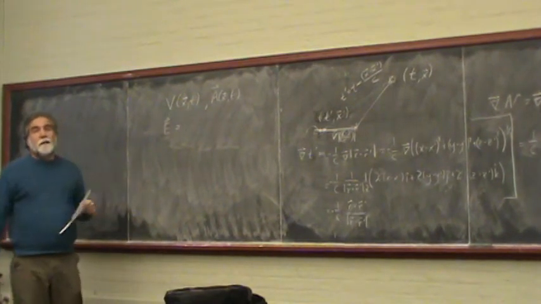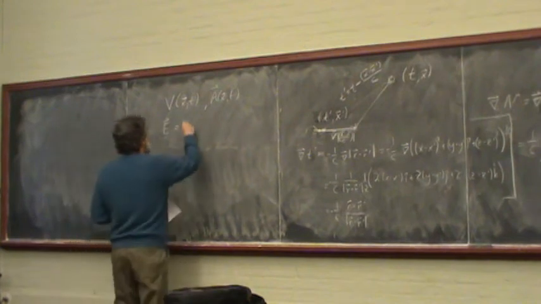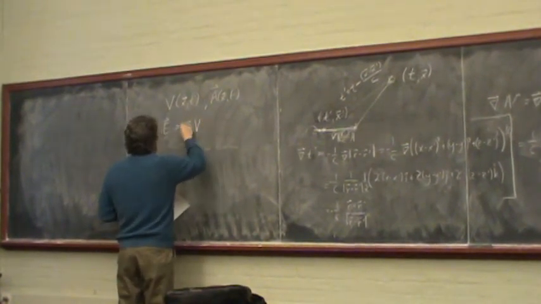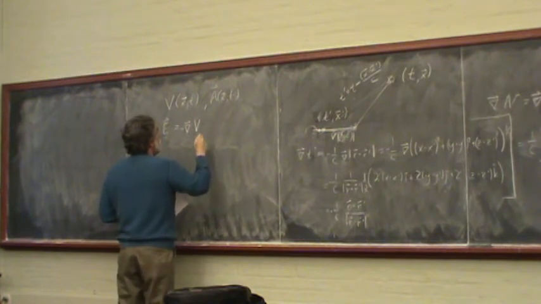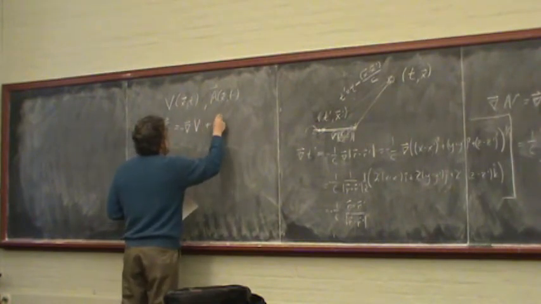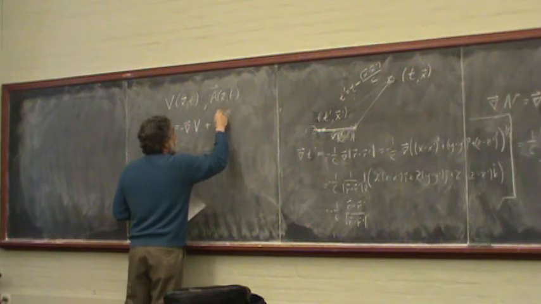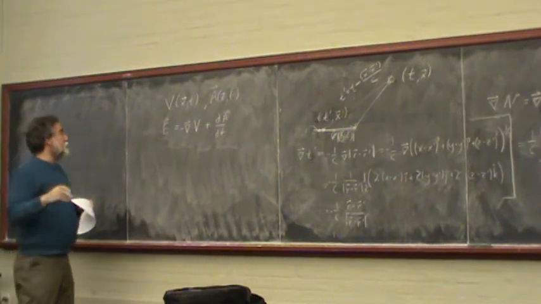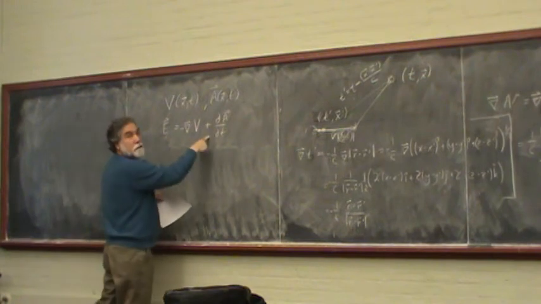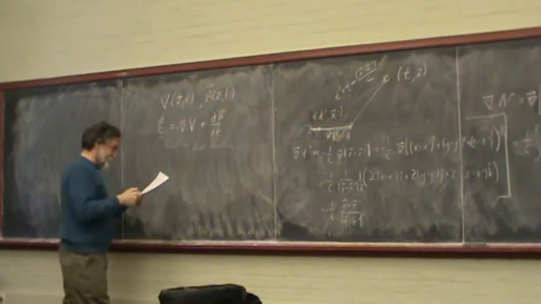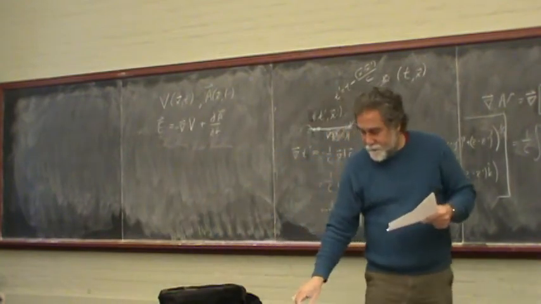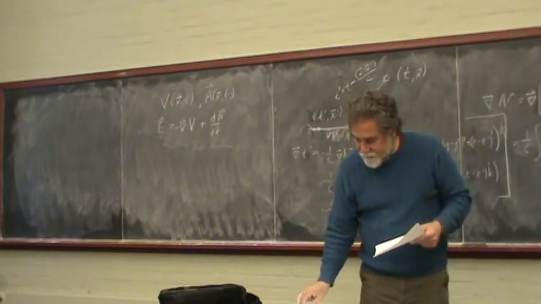And the electric field is going to be given by minus gradient of V, I think, plus dA dt. I don't remember whether there's a plus or a minus sign in there. Actually, I've got it written down here somewhere, so don't worry. I will just check.